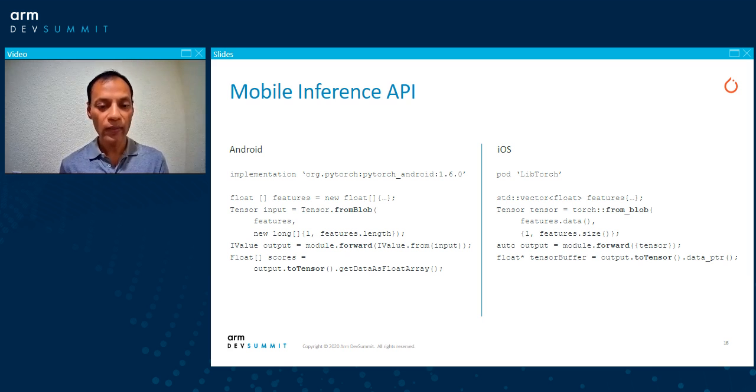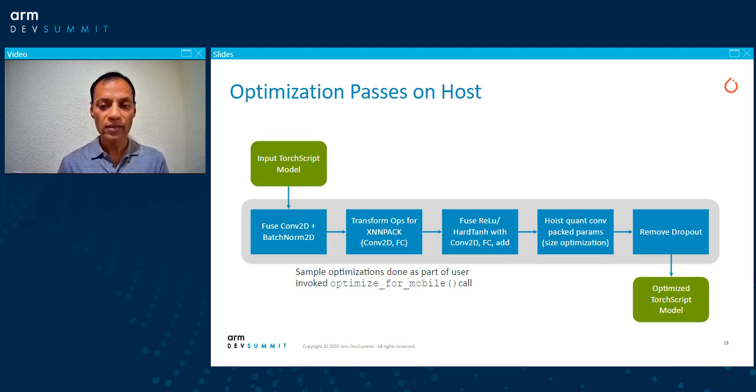On iOS, you can use Objective-C++ to make calls into the C++ libtorch API. The code for Android and iOS looks pretty much the same. You get your feature vector, you then create a tensor from this input feature vector, you run the model's forward function, and then extract the output vector from the generated tensor. That's all there is to it.